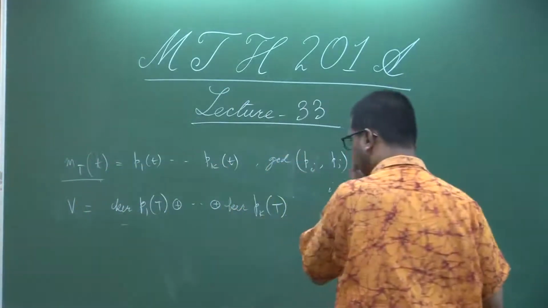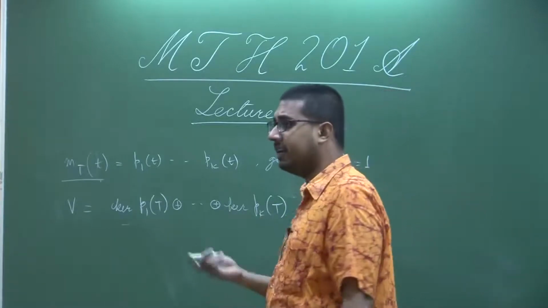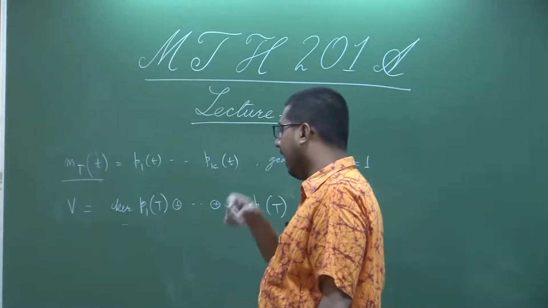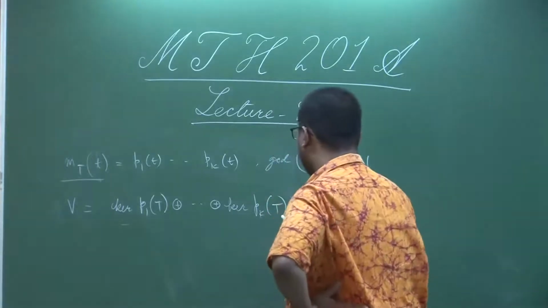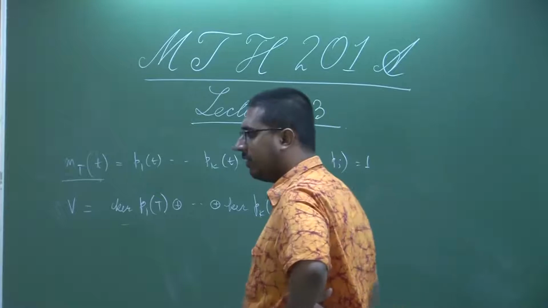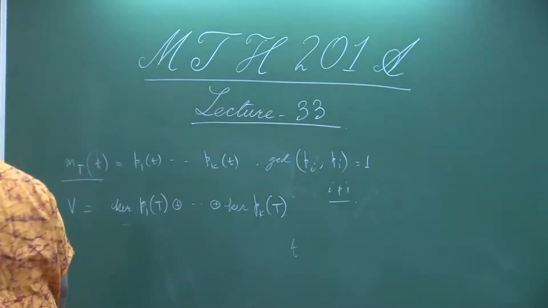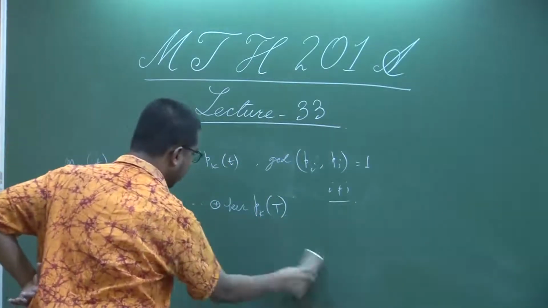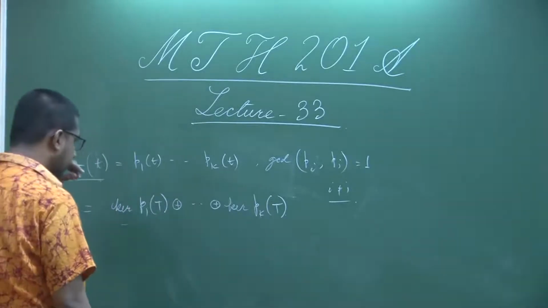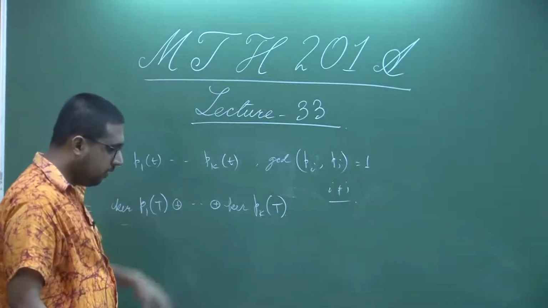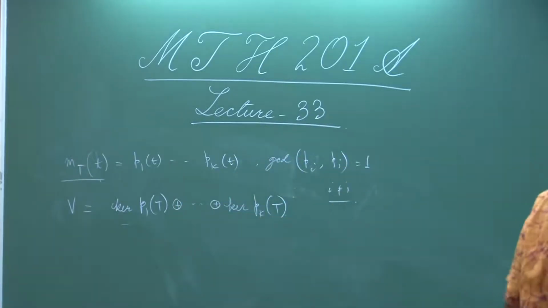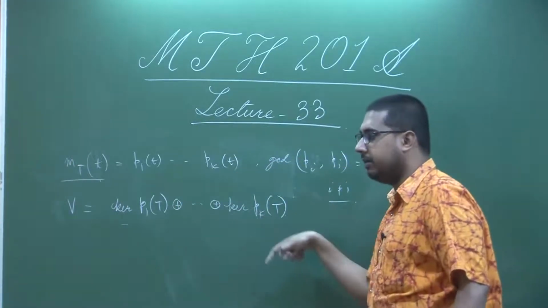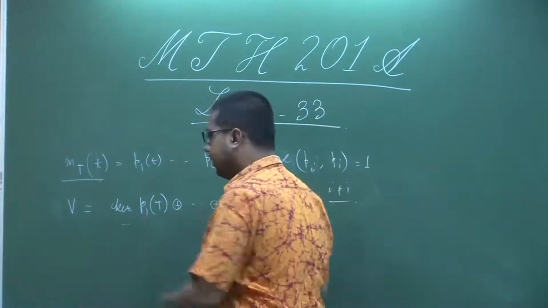For example, if my operator is invertible and it has a factor like this, okay. So, what I am saying is, in general some of these can be trivial as well.